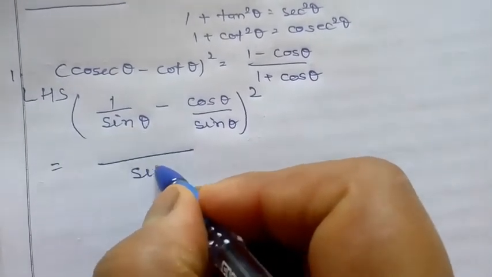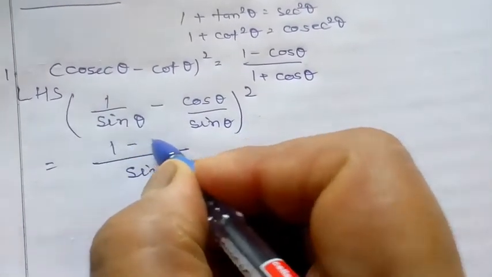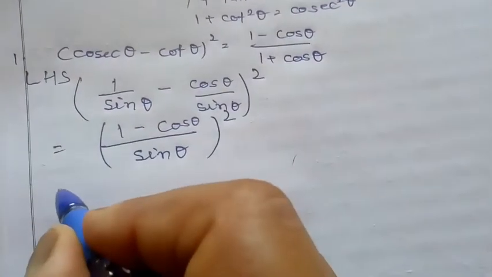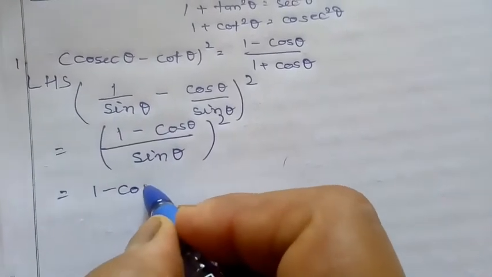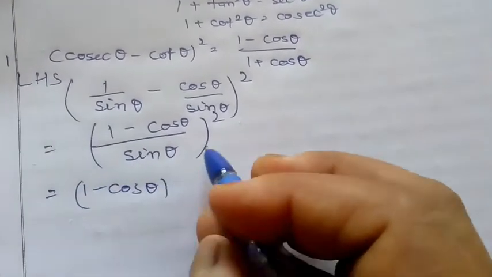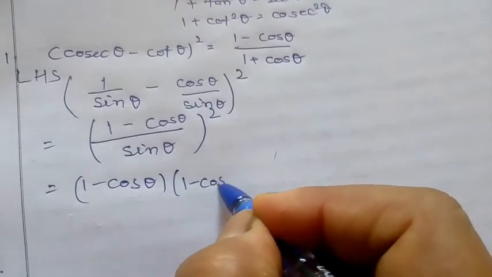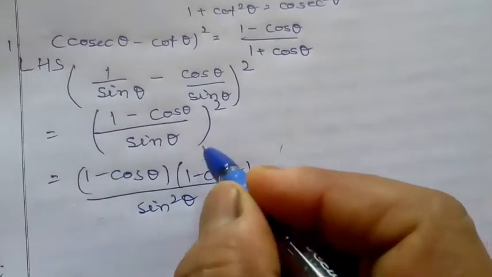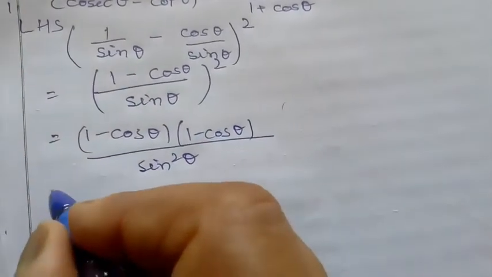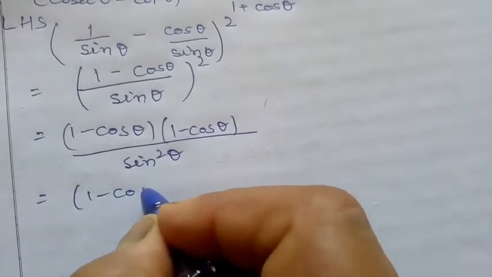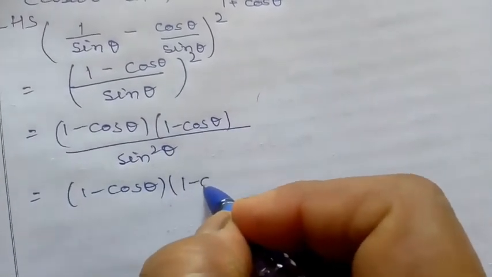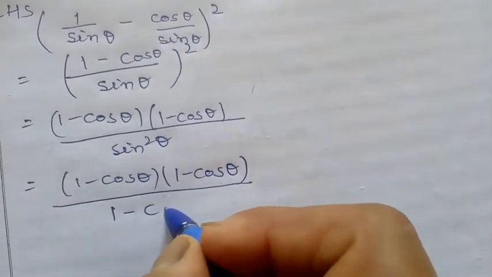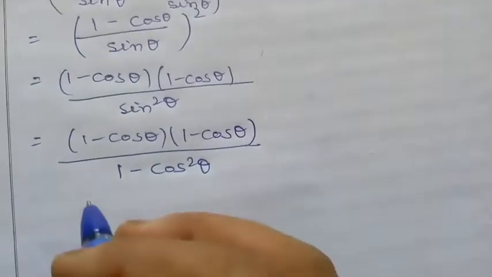Taking sin theta as LCM, we get (1 minus cos theta) whole square upon sin square theta. Squaring 1 minus cos theta, we get (1 minus cos theta) squared, and sin square theta by using the first identity is 1 minus cos square theta.